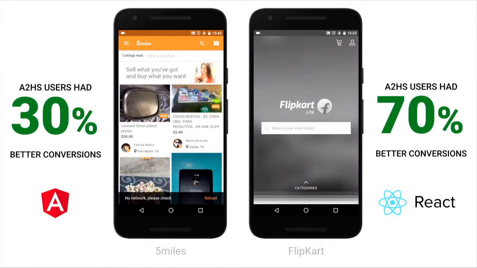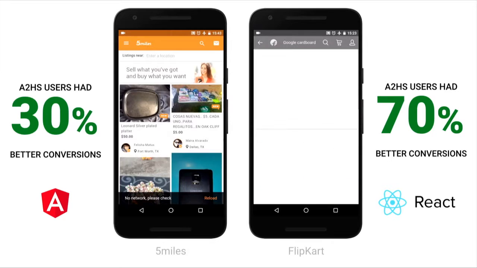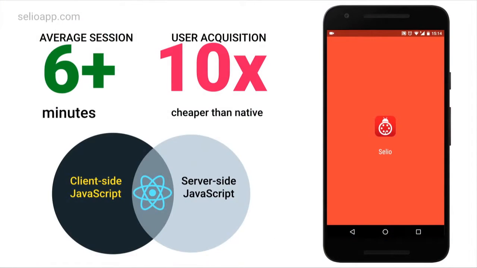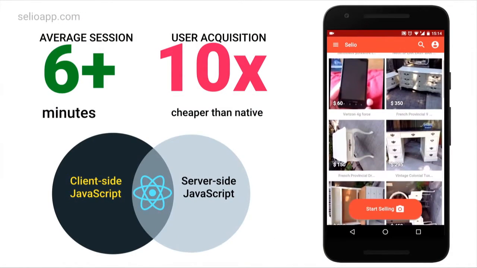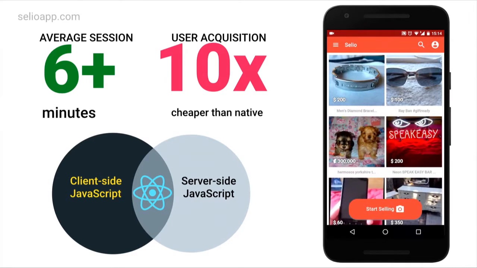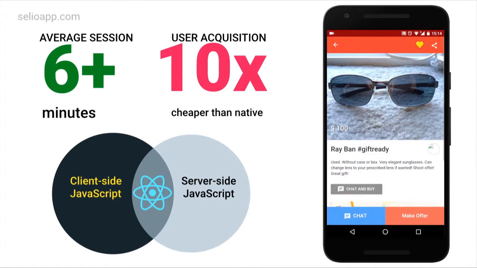Similarly, Flipkart, they saw 3 times more time on site with their progressive web app, 70% better conversion rate from their add to home screen users. That's an app built using React. And just last week, we saw Celio app, which is a local market app for buying and selling goods locally. This is an app built using React, Express, Flux, uses universal JavaScript.